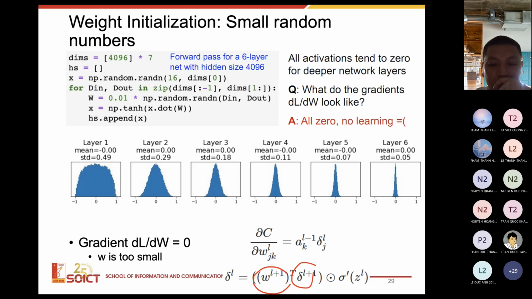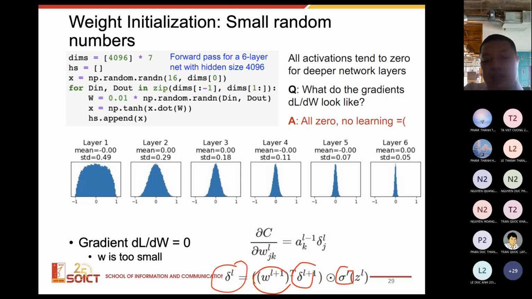So actually you are doing this multiplication, because the derivative of the sigmoid function is always from 0 to 0.5. So you see that the error will be diminished, right?